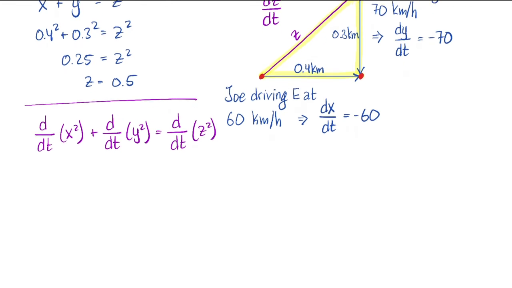We will apply the chain rule here. So this is going to become 2x, that's the outside derivative, times dx/dt, plus, again the chain rule, the outside derivative is 2y times dy/dt, equals, same thing again, 2 times z times dz/dt.